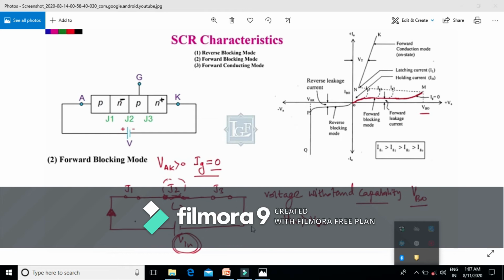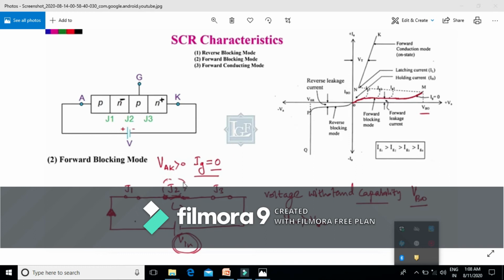Increasing this forward voltage beyond this breakover voltage is not the safe method of triggering, or by triggering we mean turning on of SCR. Because once we increase the voltage over this breakover voltage, the junction J2 breaks over, and this results in a large amount of current which may cause damage to the SCR.